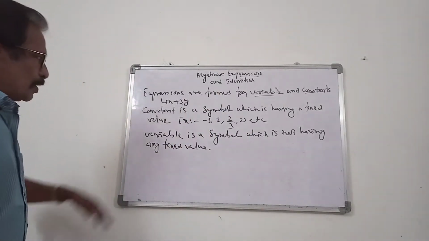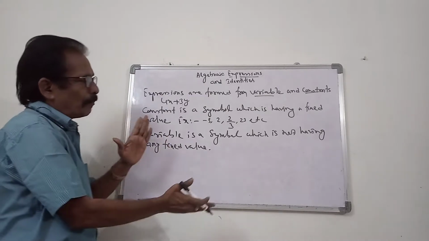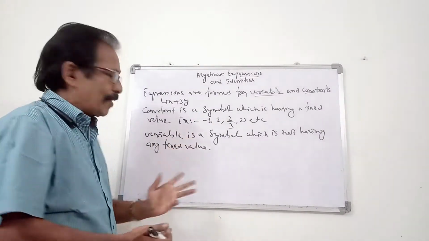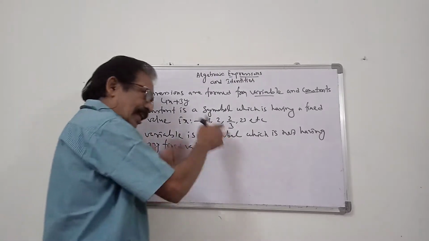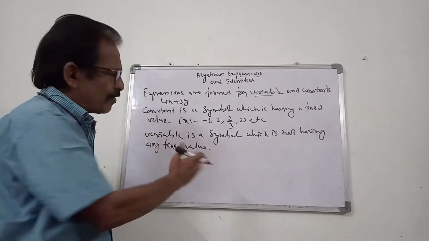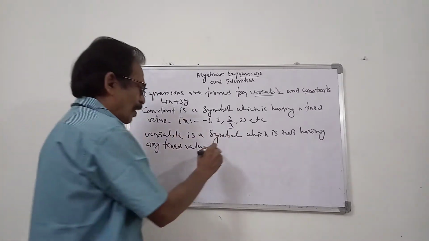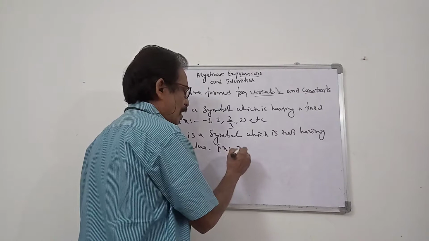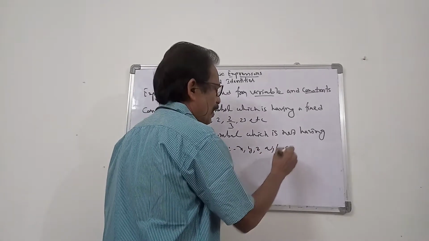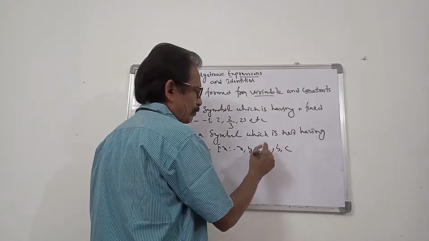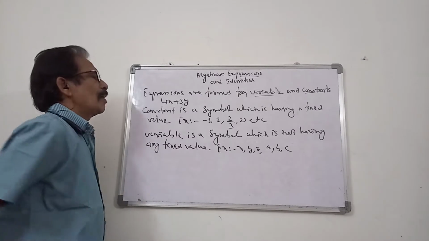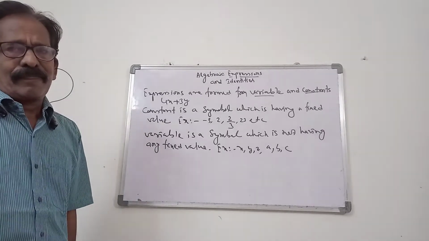So a variable is completely opposite to a constant. Here you can use alphabets, for example x, y, z, a, b, c. Generally we use these in our algebraic expressions.